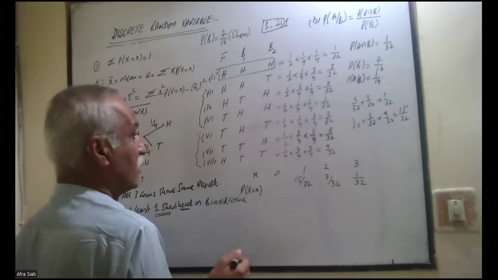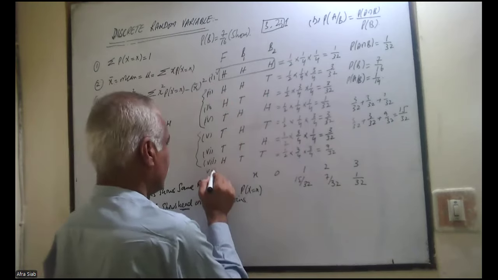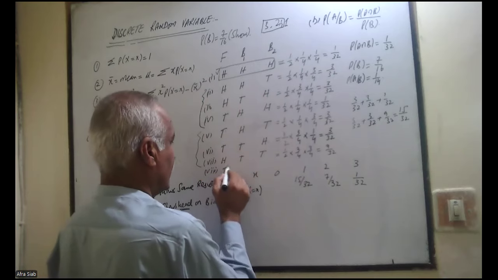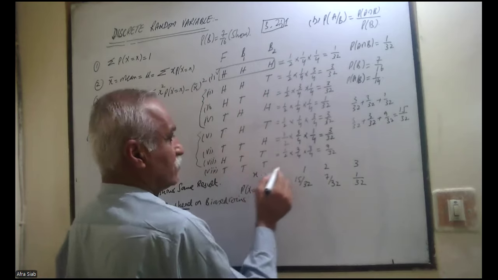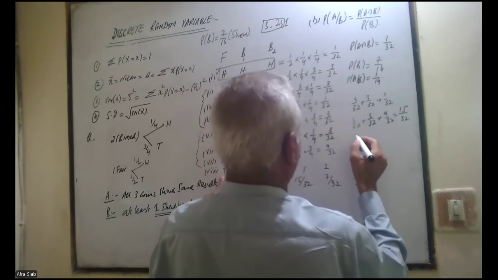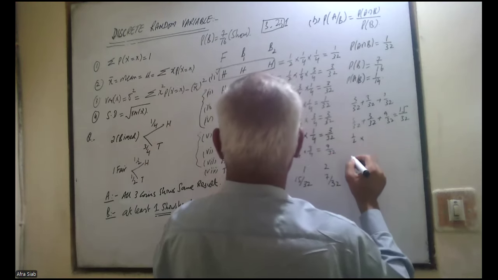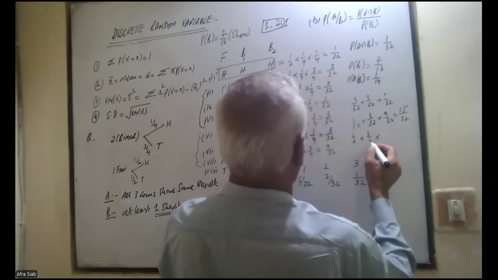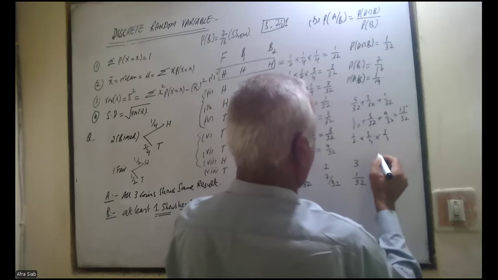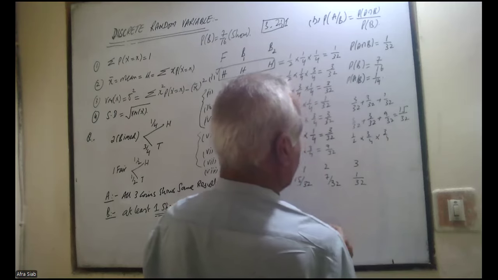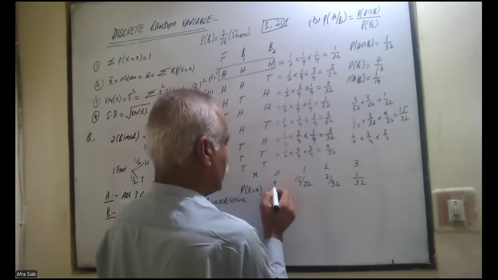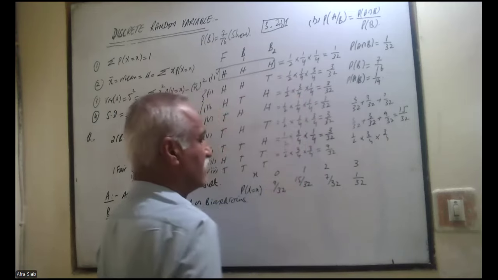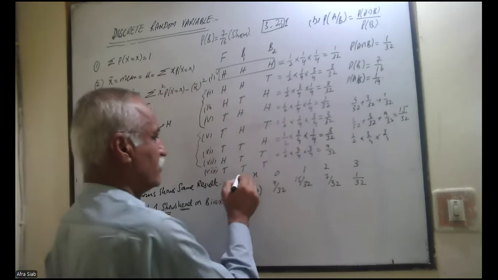Now for zero heads, that is all tails: tail, tail, tail. The first tail is from the fair coin, that is 1 by 2. Then the tail from the biased, that is 3 by 4, then the tail from the biased, that is 3 by 4. So that should be equal to 9 by 32. So this is the probability distribution table.